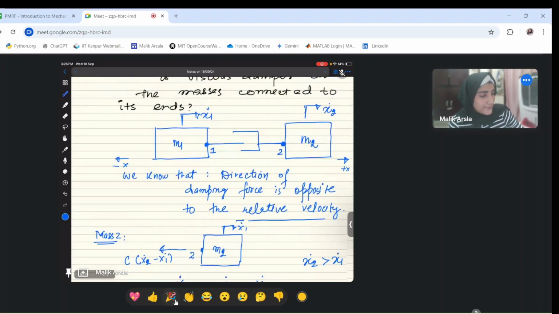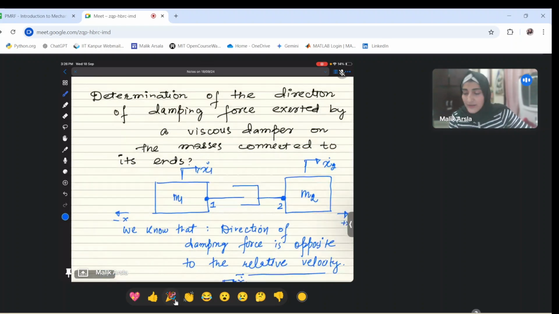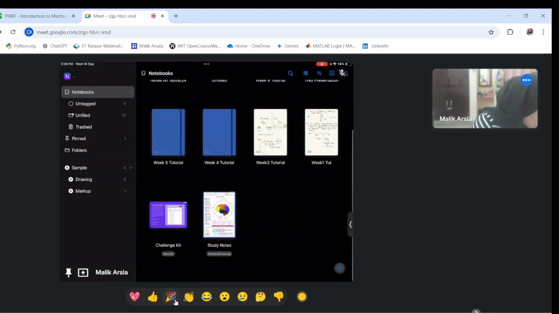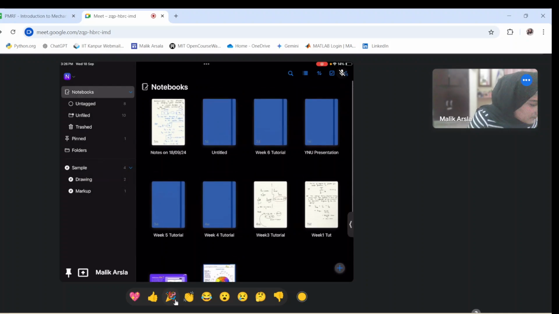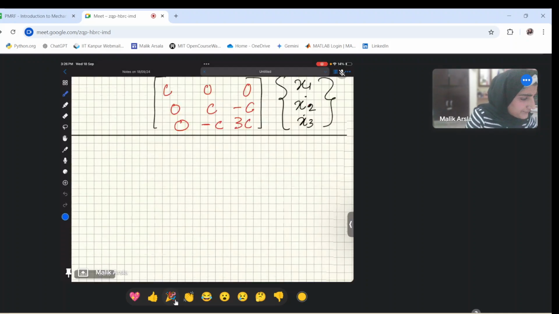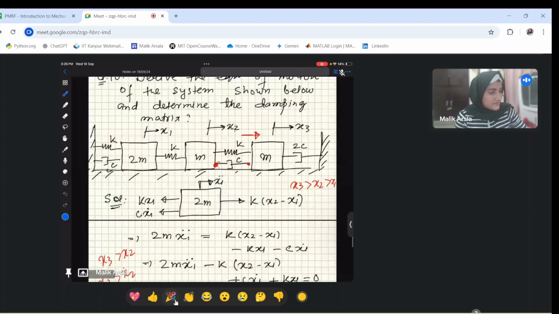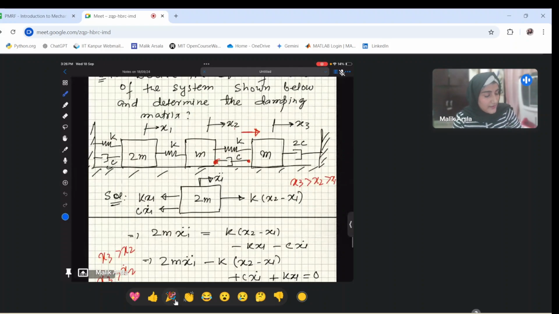Now if I revisit yesterday's class, this is the problem we solved in the last class. Now in mass 1, I don't think there is any confusion, because obviously there is only one damper.